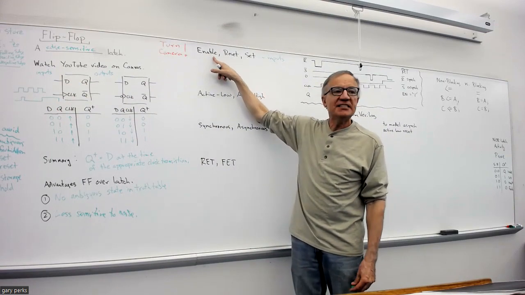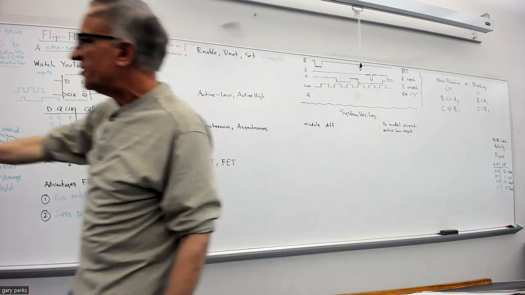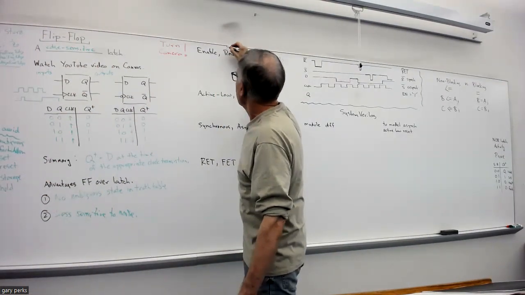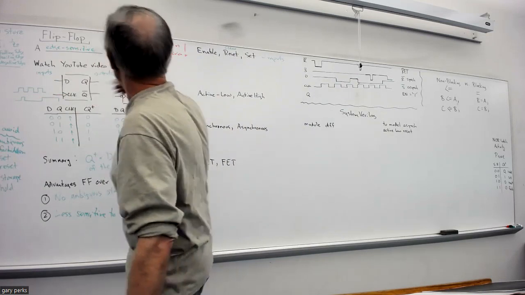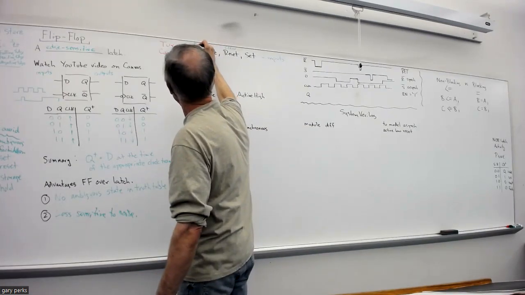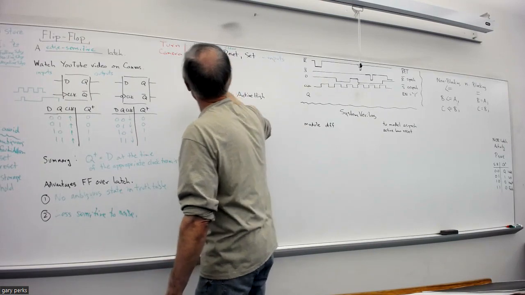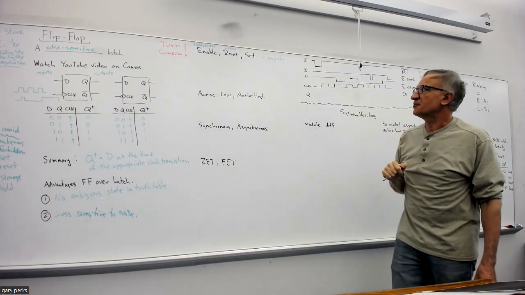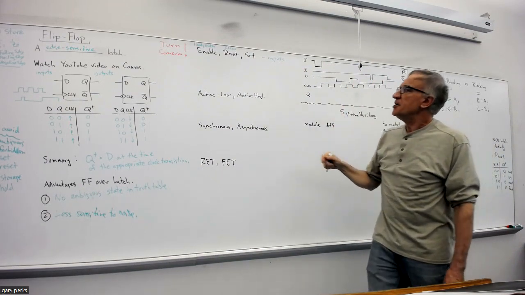You'll have an input called enable. You'll have an input called reset. Now, reset is the same thing, I have it written over on the left side there, reset is the same thing as clear. Also, enable is the same thing as enter or load. So these are all words that mean the same thing here. And then set, I don't think there's another word for set. I can't think of one. Okay, but you'll have these additional inputs.